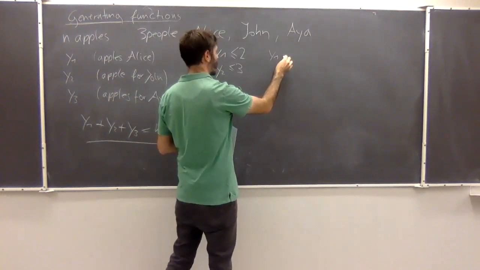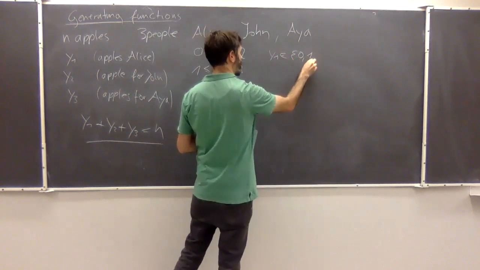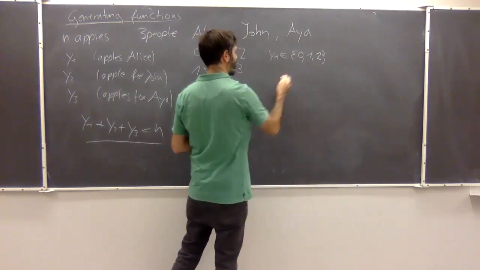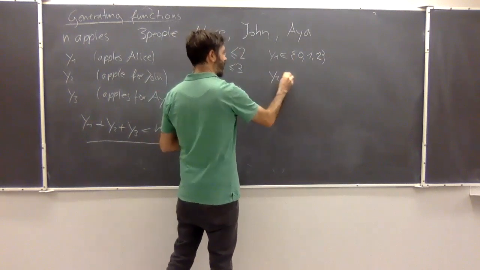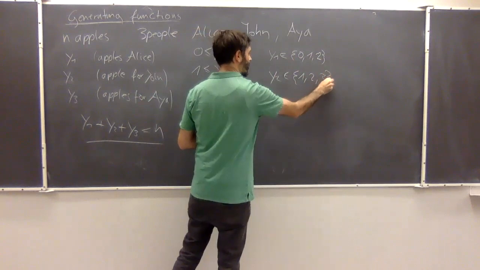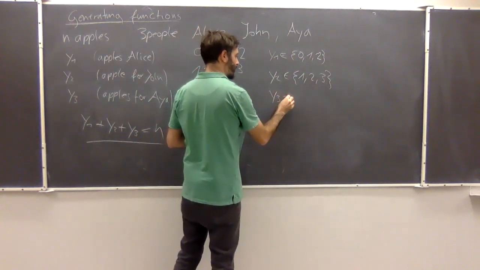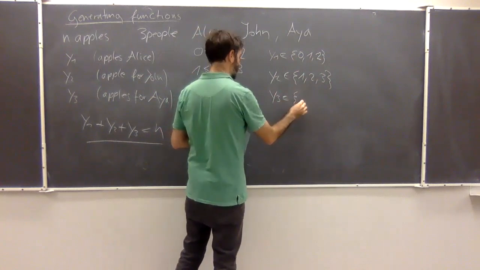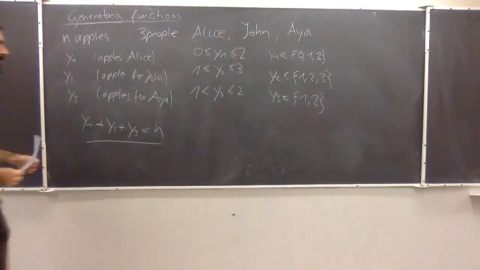So in this case, y is an element of 0, 1, 2, nothing else. And here it might be at least one apple and at most 3. And here, an element of the set which contains either 2 or 1 apple.